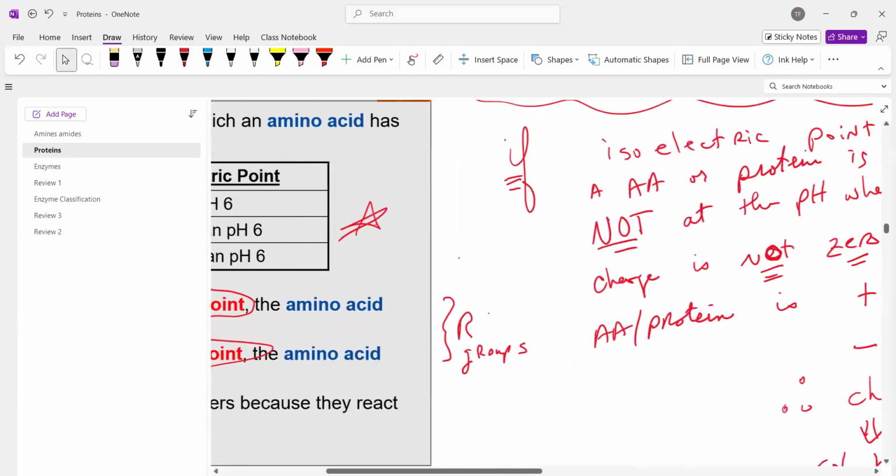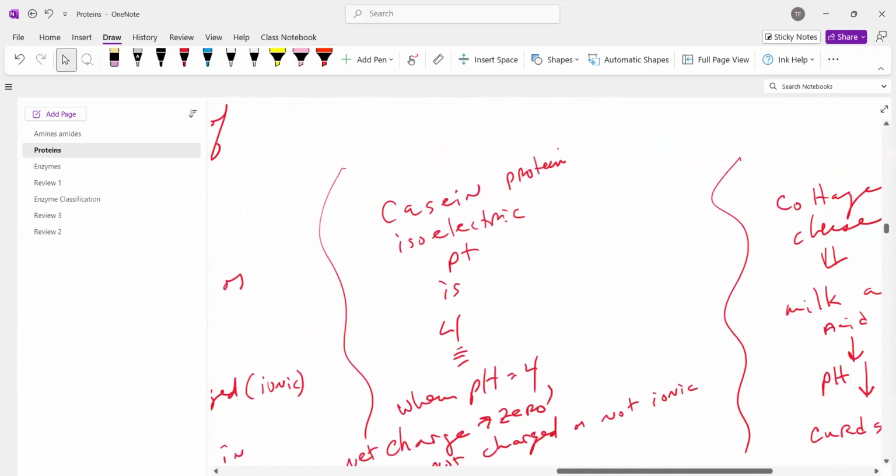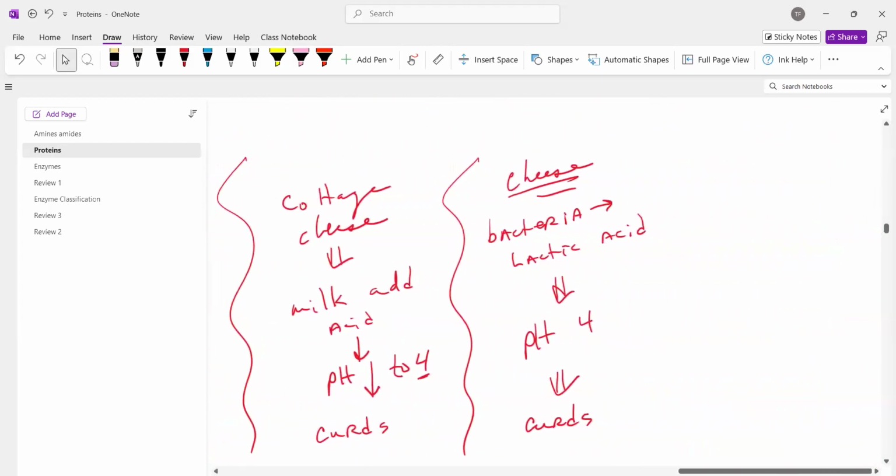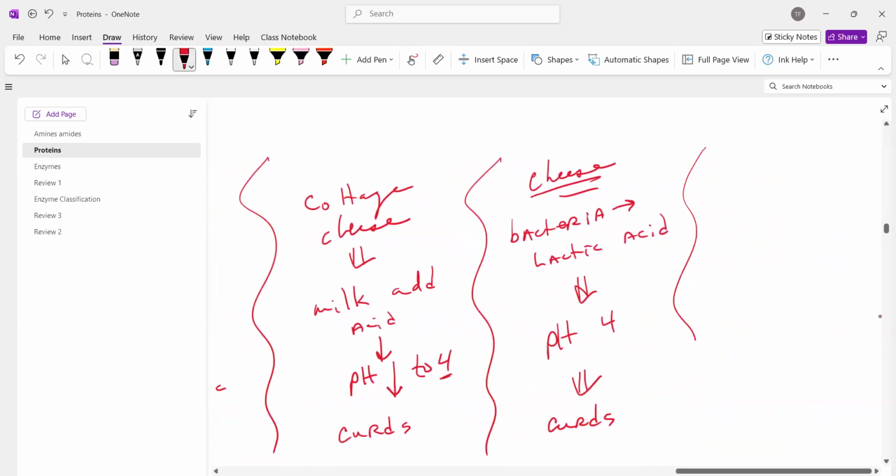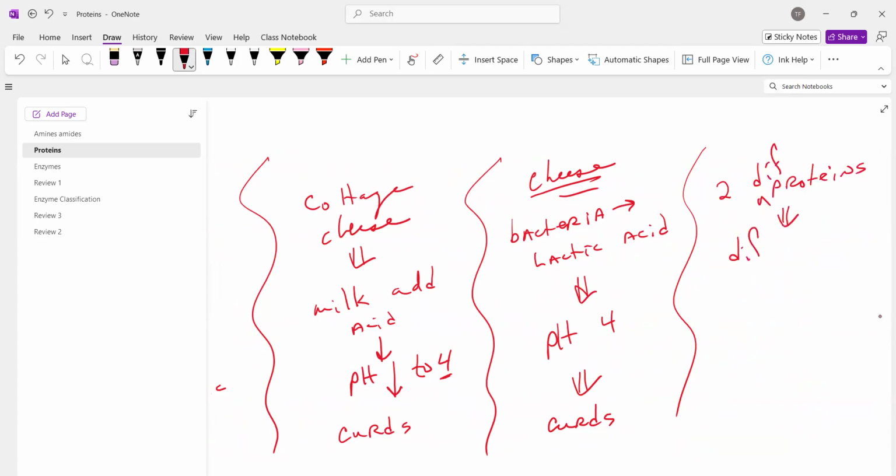And one last thing I want to say about isoelectric points, which is as important as making cheese. If you have two different proteins, they have different isoelectric points.